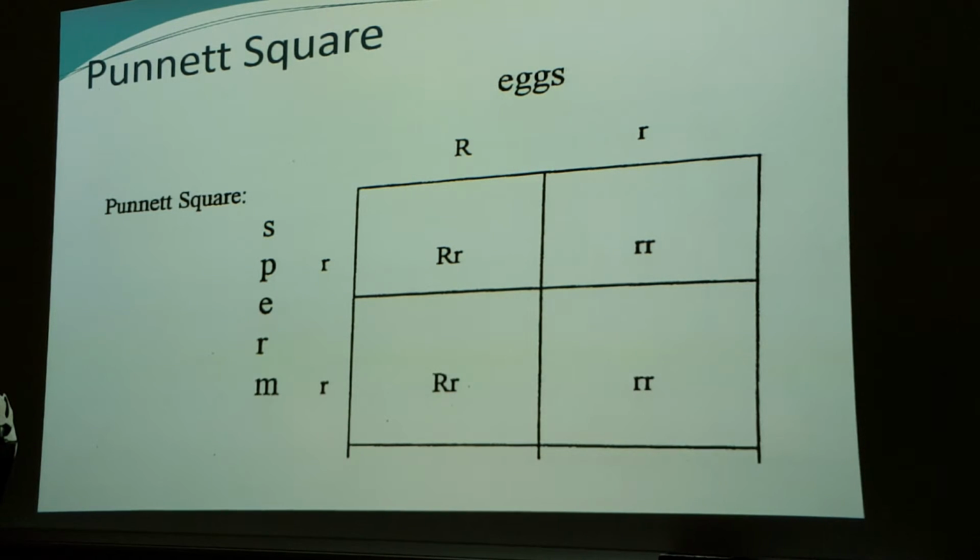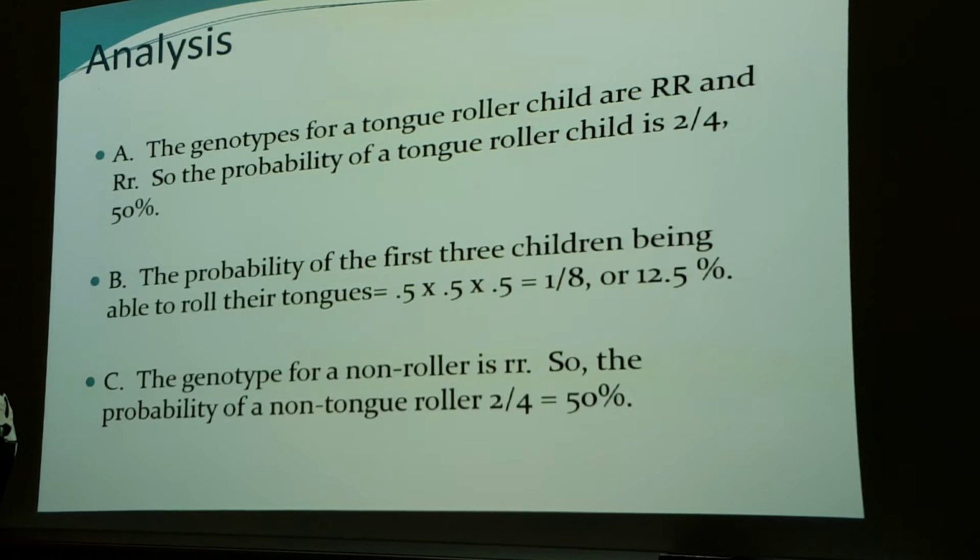It's 12.5%, but I will take 1/8. The probability of a non-tongue roller is 50%.